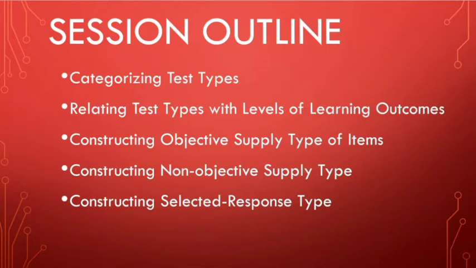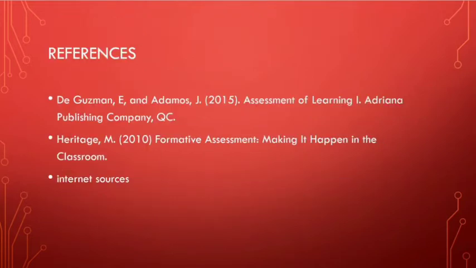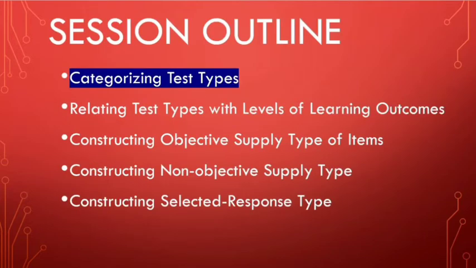Next, we shall discuss constructing objective supply type of items, in which we are going to have specific examples to critique and to study. After this one, we shall also discuss constructing non-objective supply type of test. And lastly, constructing selected response type of test. And these are the references that I used for this session. So let's begin with categorizing test types.